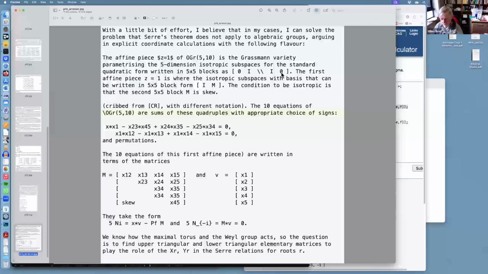Right, it means we've broken up the space into 2 direct summands. Each of them is isotropic, and the quadratic form here is evaluating one of these 2 spaces as the dual of the other. Right. So this is the Grassmannian variety of the 5-dimensional isotropic subspaces.